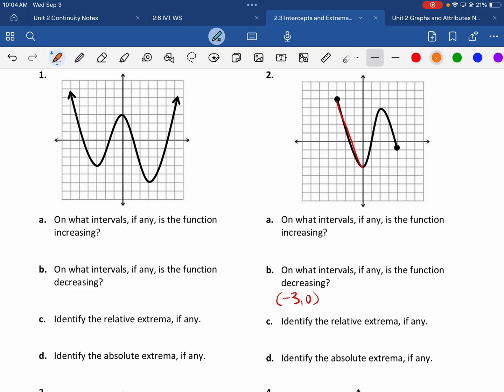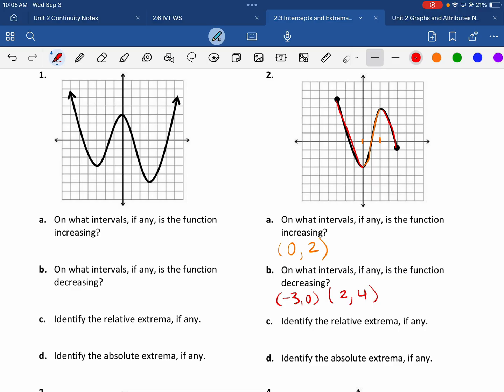Then we increase from here to here, which is from 0 to 2, because it does go up to 4, but you're doing x values when you're doing your intervals. Then you're going to decrease from 2 to 4. All right, so increasing and decreasing, that's what we did yesterday.